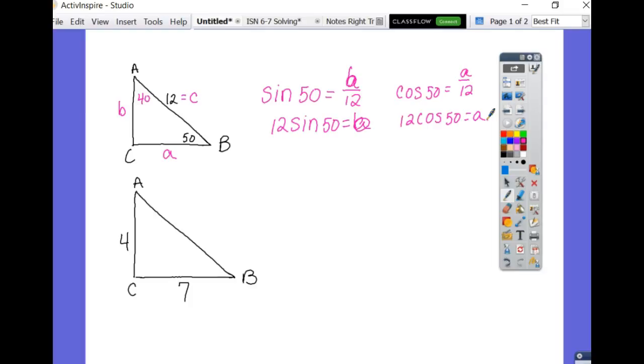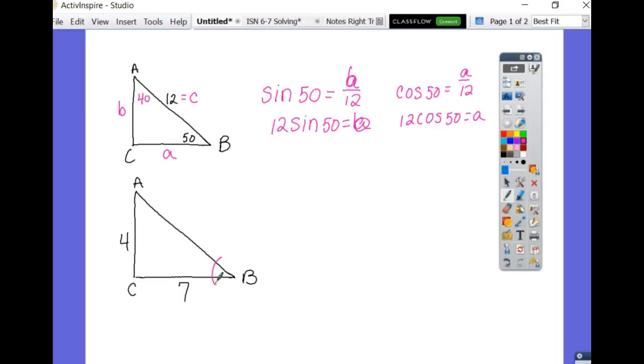So on the next one, I don't have any angles, but I have two sides. So this is angle B. First of all, if I don't have the angles, that's when you have to use the inverse, the -1, to find your answer. Whenever you're looking for an angle, you use the inverse. So if I look at angle B, what is this side to angle B?